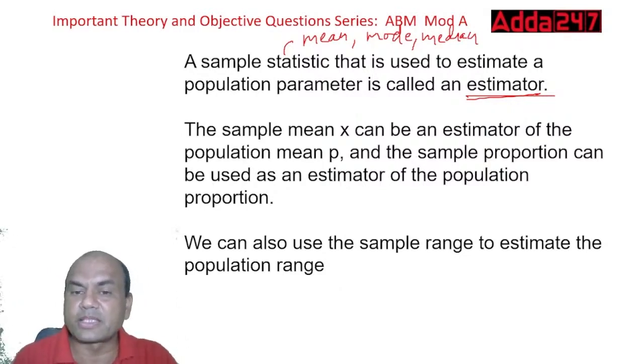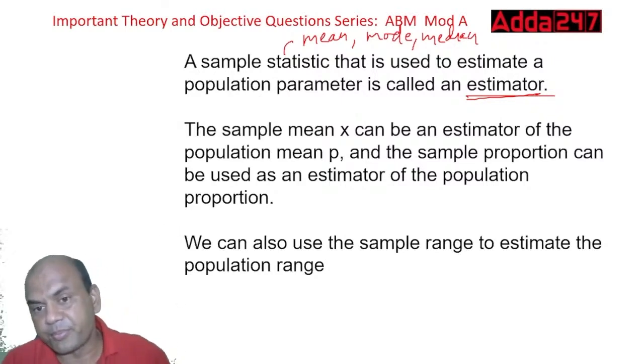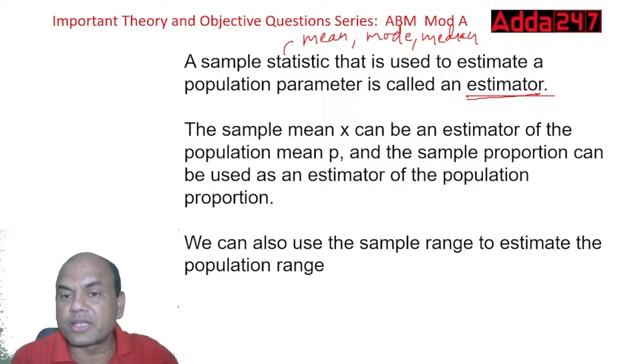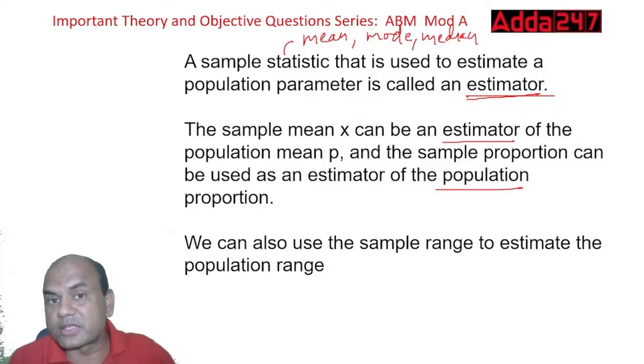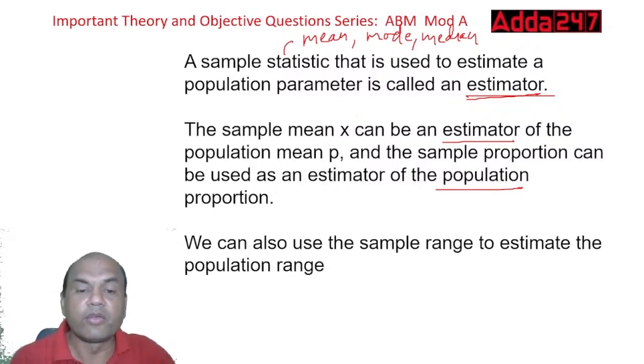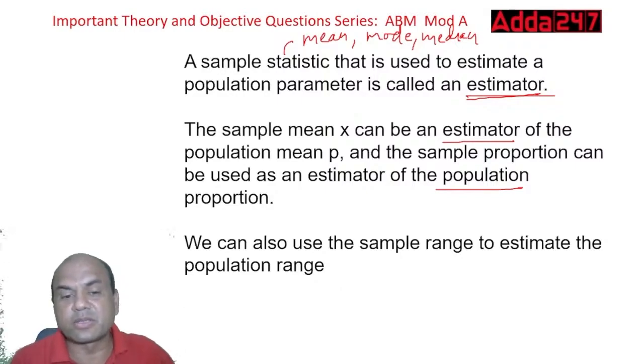The sample mean X can be an estimator of the population mean. And the sample proportion can be used as an estimator of the population proportion. So what does it mean? I'm calculating the mean from the samples and using it for the population. We can also use the sample range to estimate the population range.